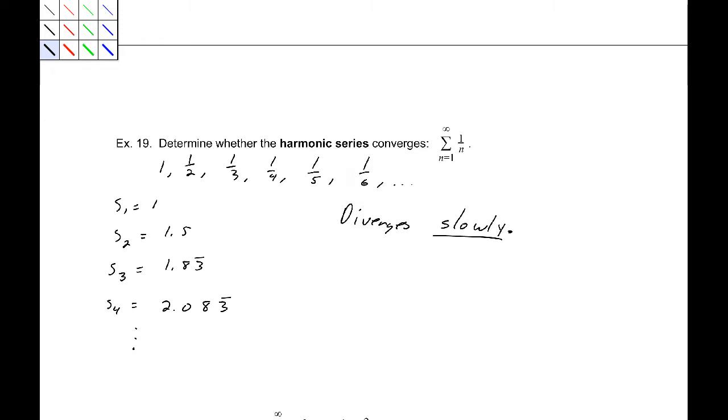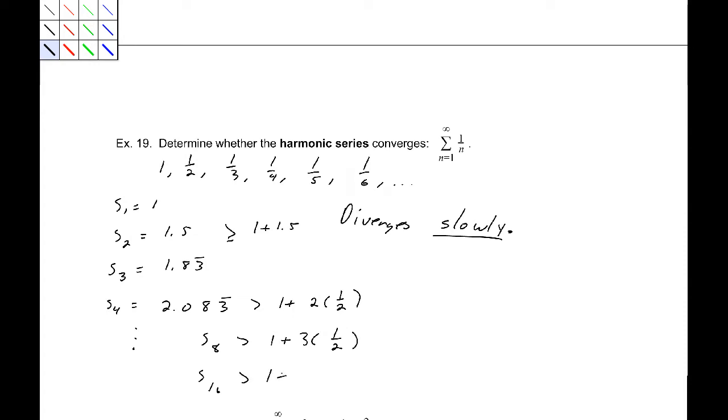All right, so the way we want to make note of this is to compare. S2 is greater than or equal to 1 plus 1/2. S4 is greater than 1 plus 2 times 1/2, which is 2. S8 is greater than 1 plus 3 times 1/2.